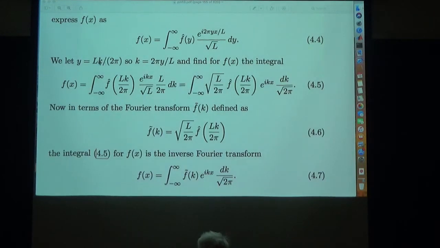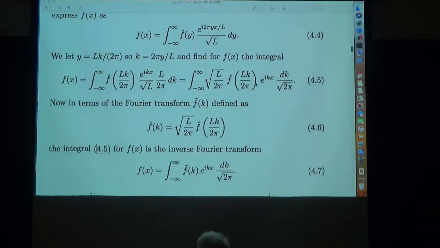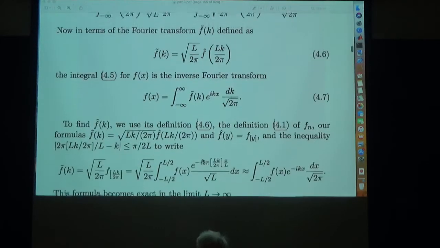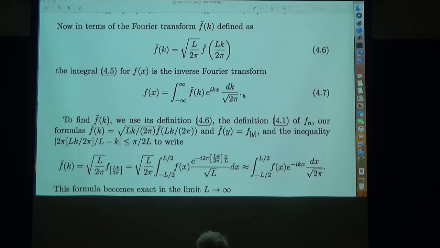So we let y equal to Lk over 2 pi, which means k is 2 pi y over L, and then this thing turns into that, and now it looks even worse. But if we define the Fourier transform as this thing, namely square root of L over 2 pi times f hat of Lk over 2 pi, we arrive at the Fourier transform formula.